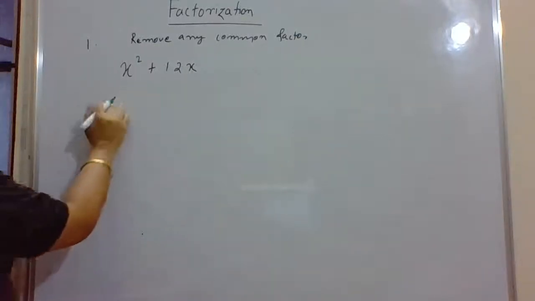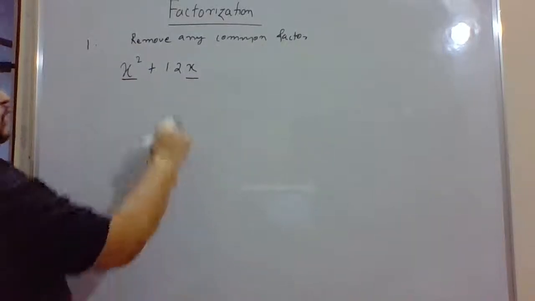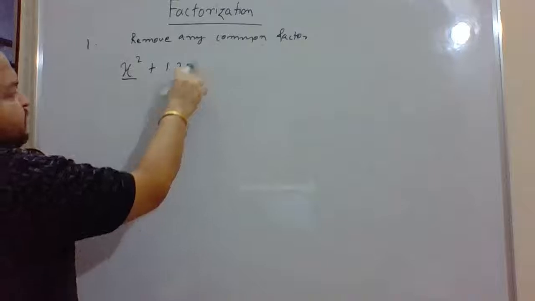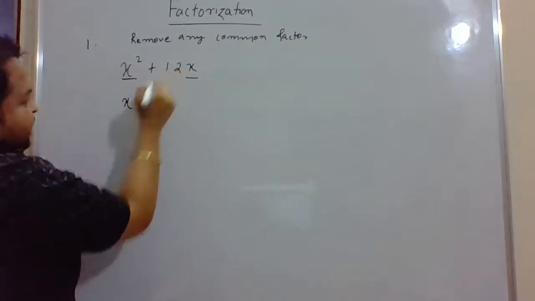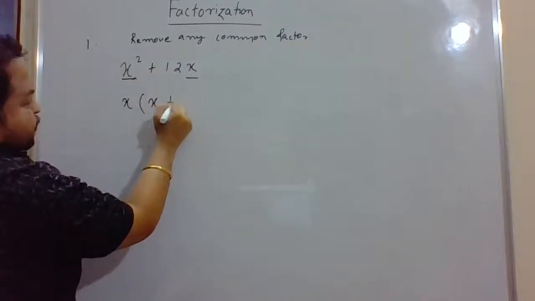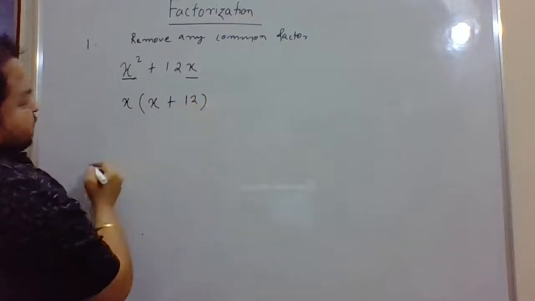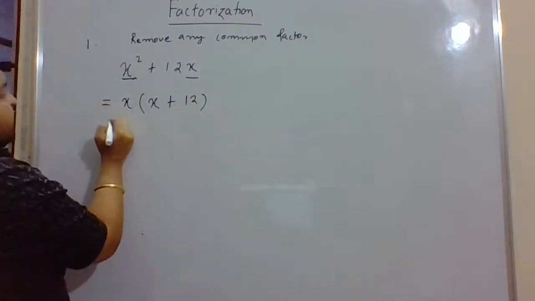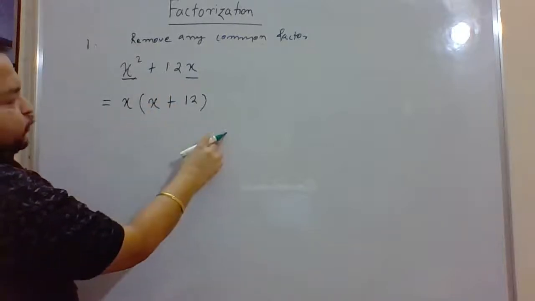In these two terms, what is the common term? The highest common term is x. So if I take x as common, then x squared plus 12x is nothing but x into (x plus 12), because 12x by x is 12.